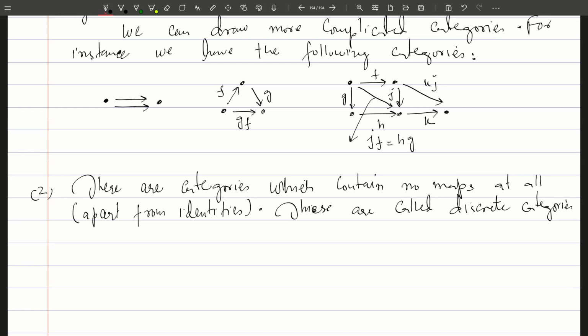In discrete categories, each object is totally isolated from its companions.